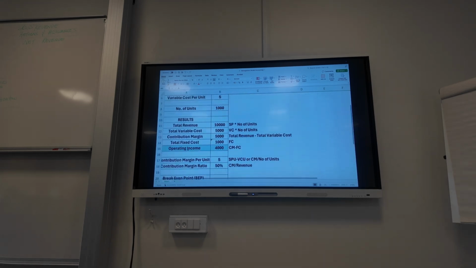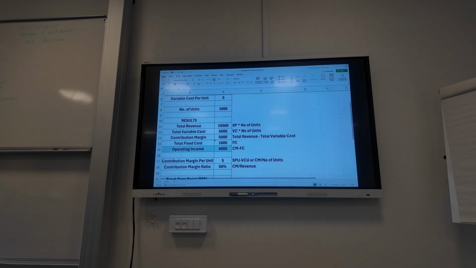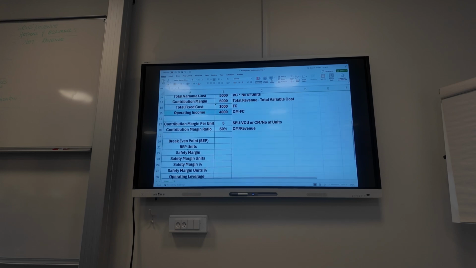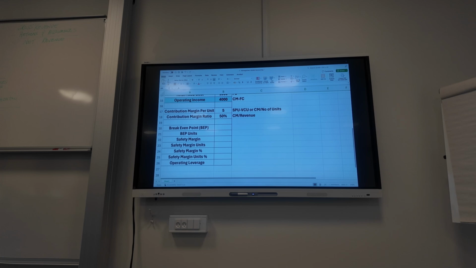How else could we say break even? Well, you can see that revenue equals total cost, and then profit is zero. Zero profit, right?